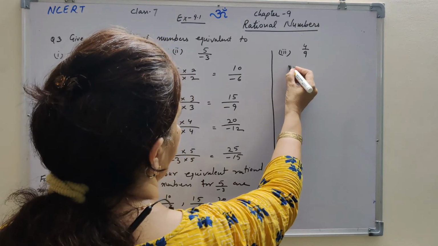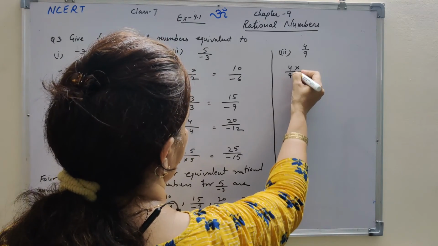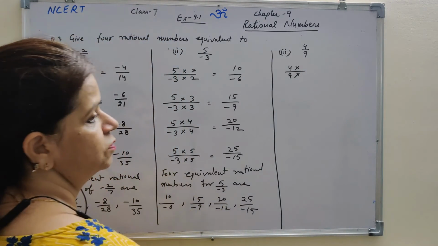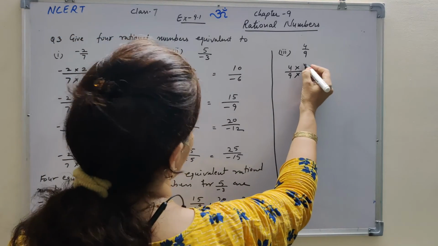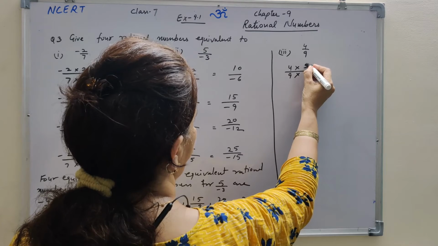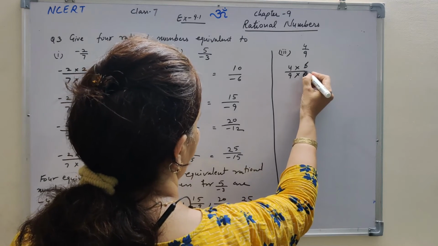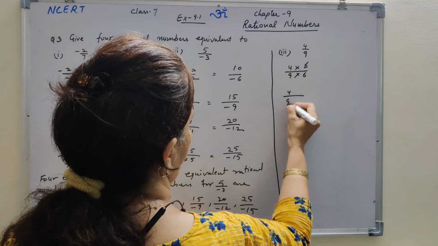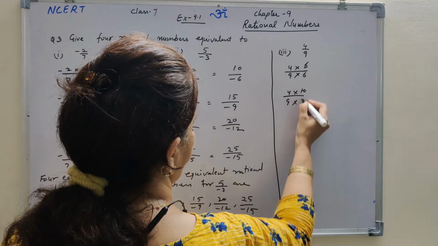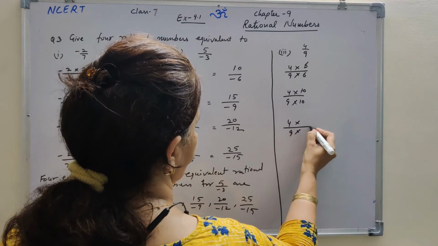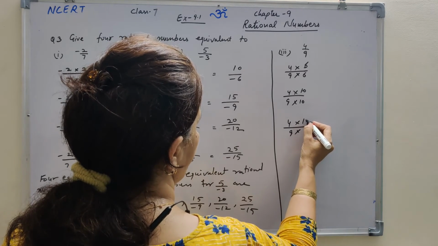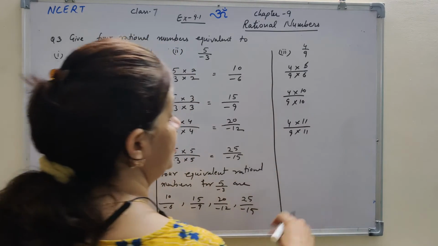The same way, first I will multiply. It is not given that you have to write down the next four equivalent. You can multiply by any other number also. I am multiplying both the numerator and denominator by 6. Now I am multiplying both by 10. Then I am multiplying by 11. These are also equivalent. It is not given anywhere you have to write down the next 4.